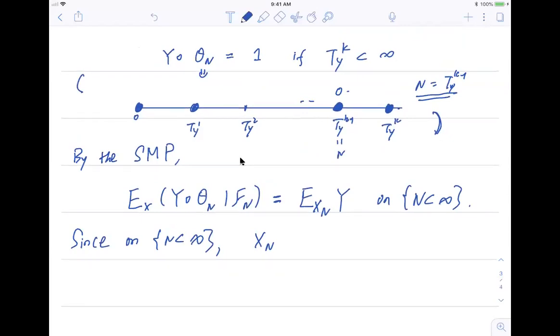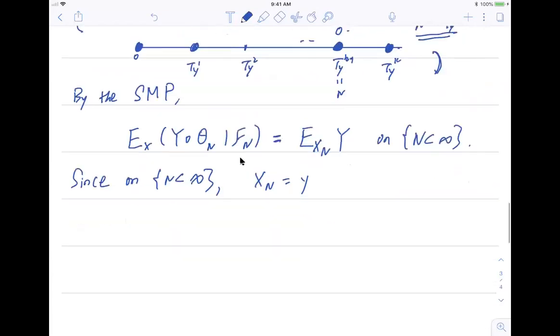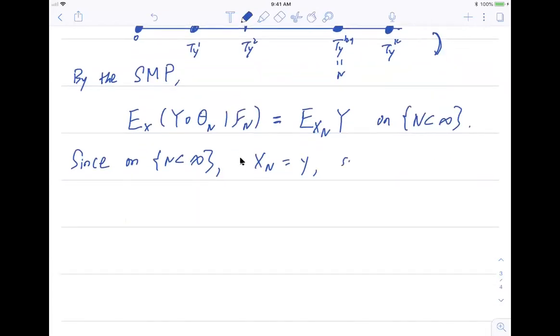This is the time of the visit to y, so of course X_n equals y, by the definition of the stopping time. So the right-hand side here is given by, now there's no randomness, just P_y.